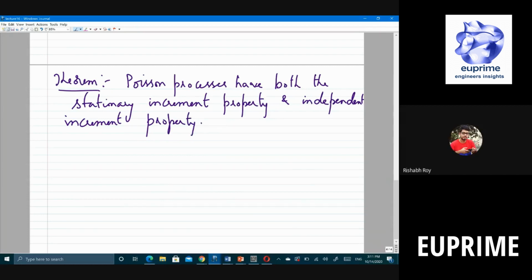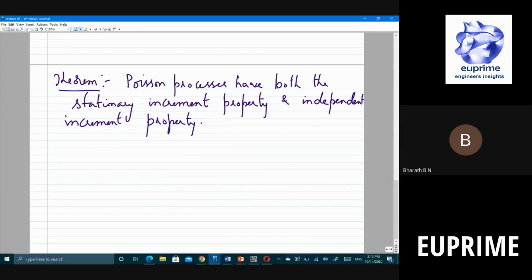Sir, these two properties sound kind of similar. One essentially says that if you look at any interval and ask how many people arrived in that interval, the statistics of that remain the same even if you shift that interval to any point on the real line.